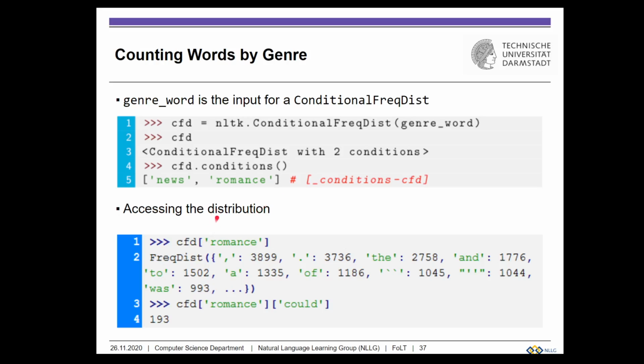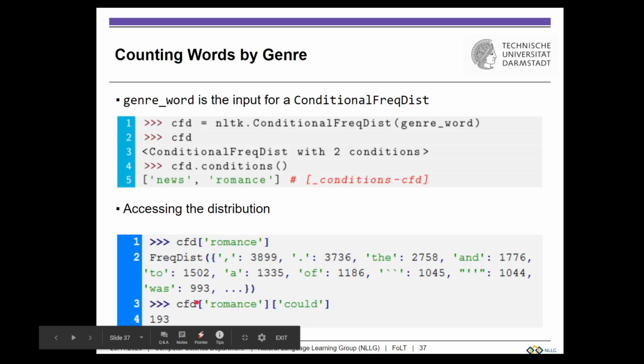Then we can access those distributions. We type, in dictionary notation, Romance for the conditional frequency distribution, and then we get the frequency distribution for Romance, which is a distribution over all the tokens, conditioned on us being in the Romance genre.